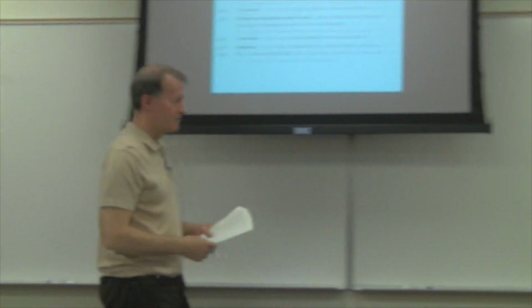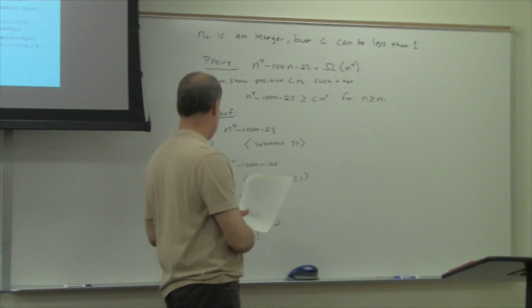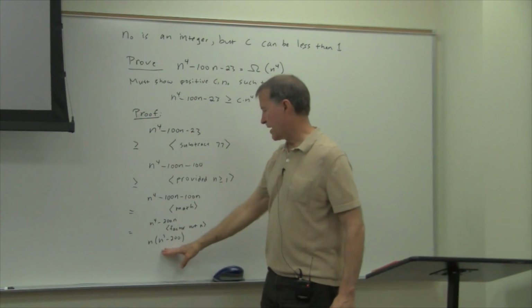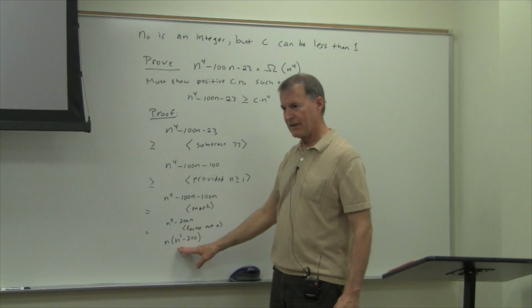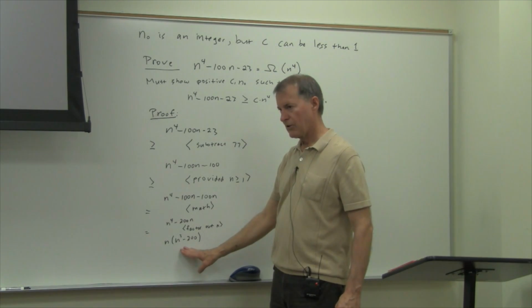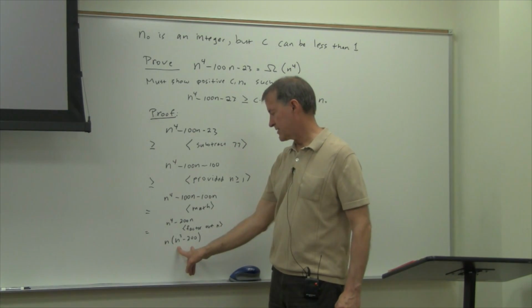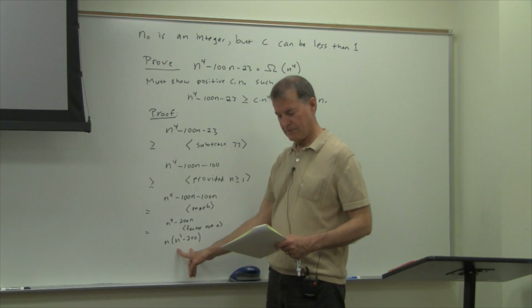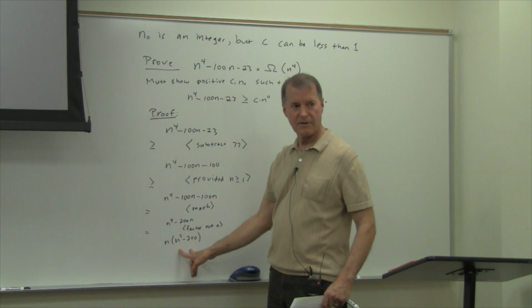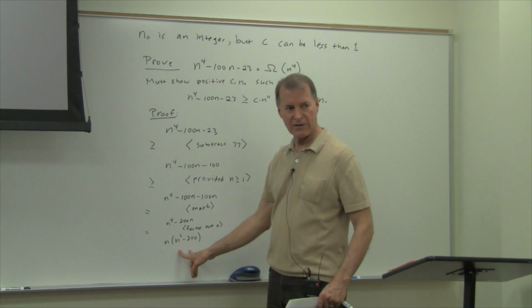Now look, you guys. In other words, I'm claiming that this is greater than, that will work provided what? This n cubed minus 200 is greater than or equal to what? 0.5 n cubed. Now, is everybody clear on that?